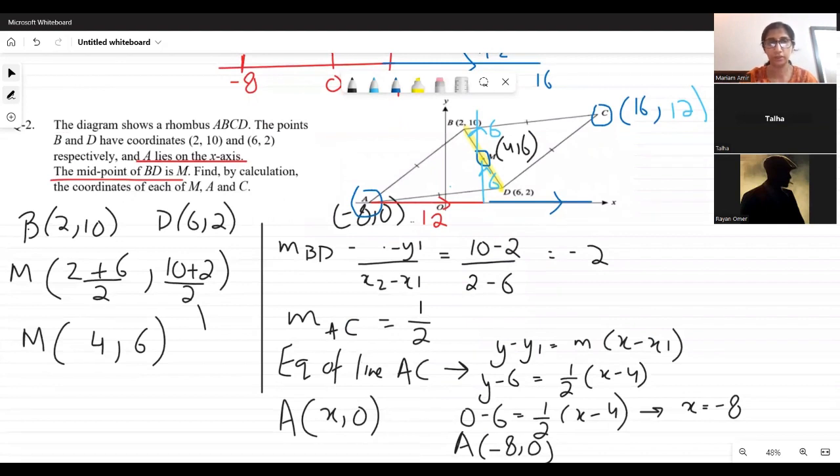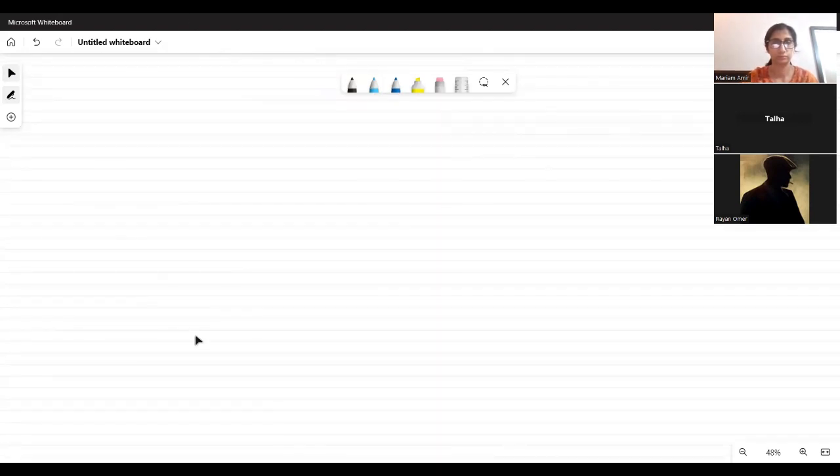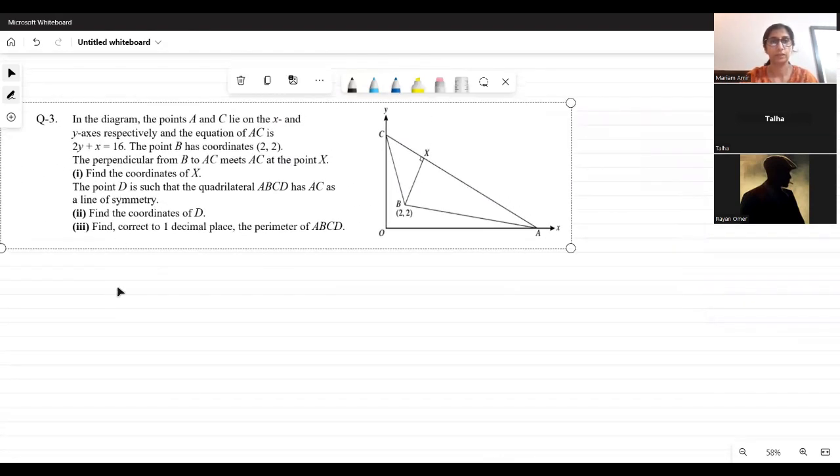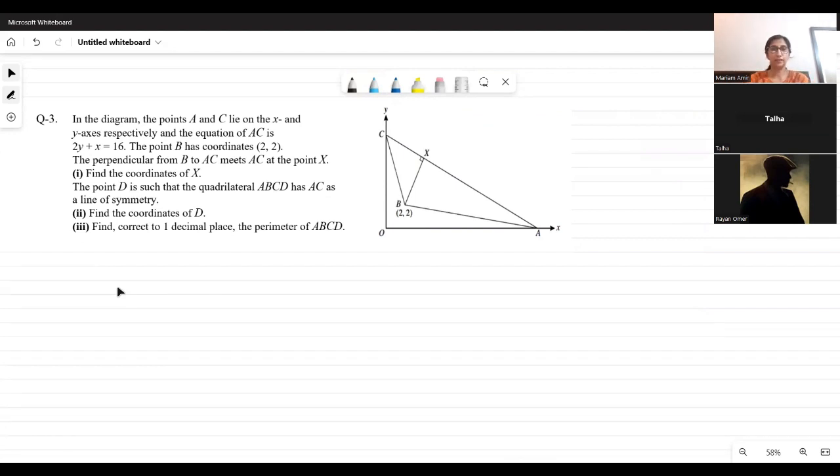Okay, let's do Question 3. In the diagram, points A and C lie on the x-axis and the y-axis respectively.